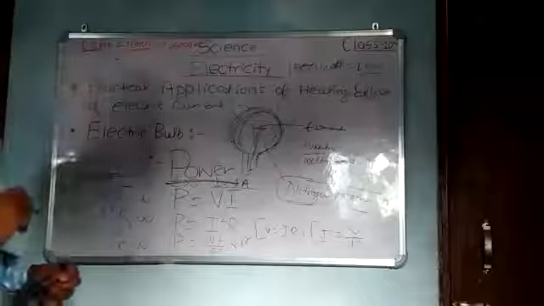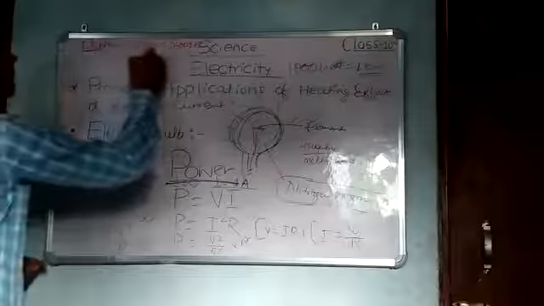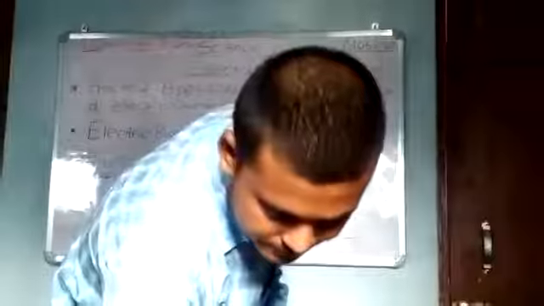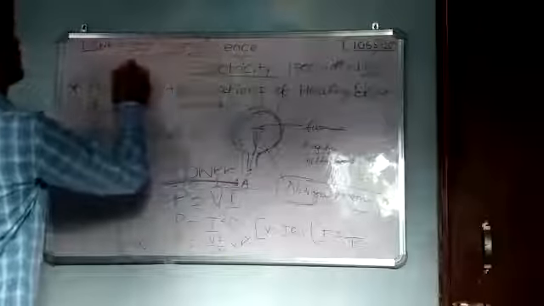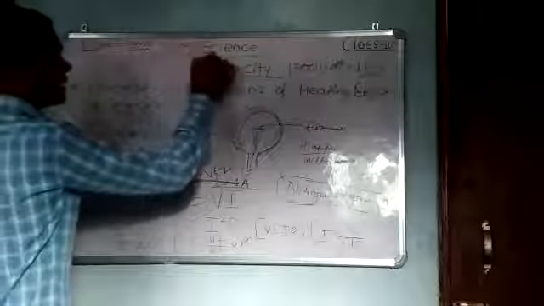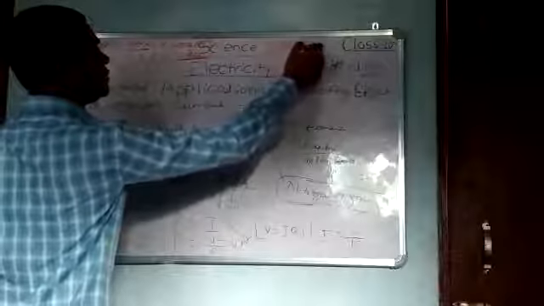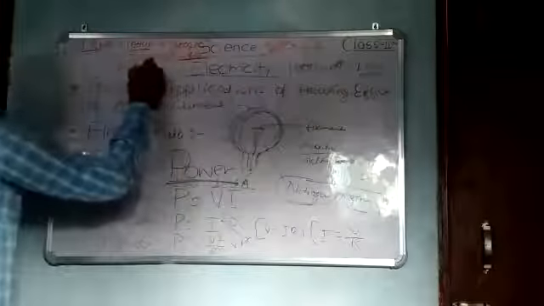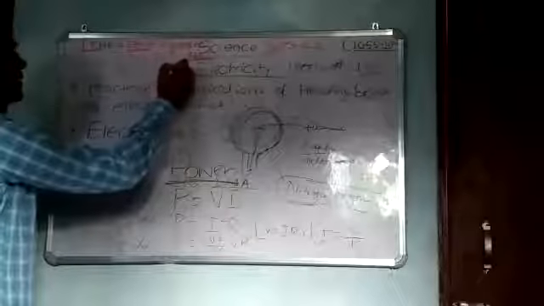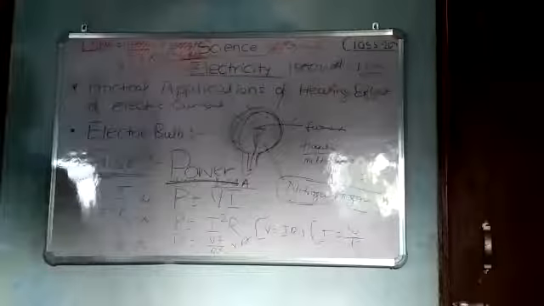After multiplying it we get 3.6 into 10 to the power 6 watt second. Now watt second is said to be joule. So we can say that 1 kilowatt hour is equal to 3.6 into 10 to the power 6 joule.